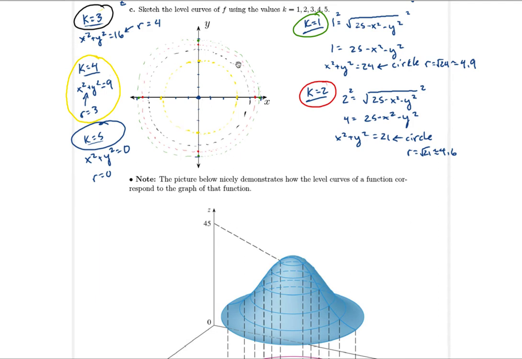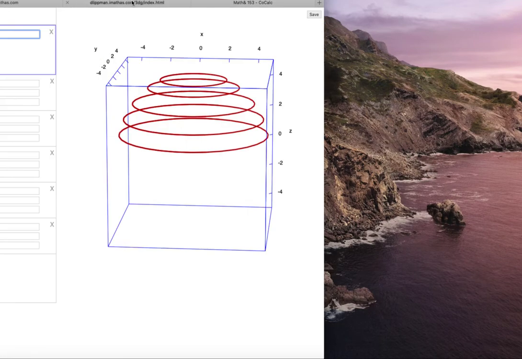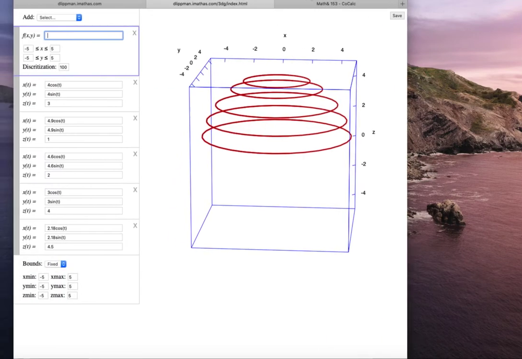Now, I wanted to give a nice look at what's going on with a little bit better picture than the ones I could draw here. So let me open up. Here we go.